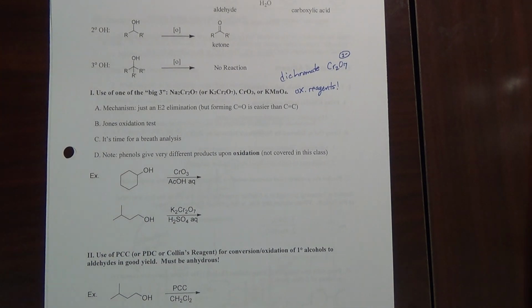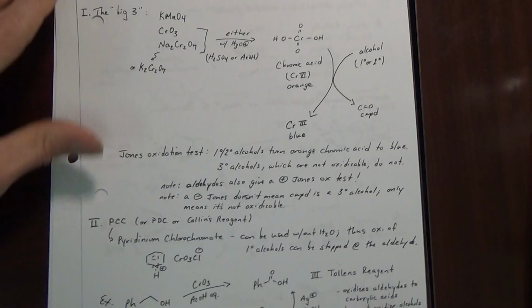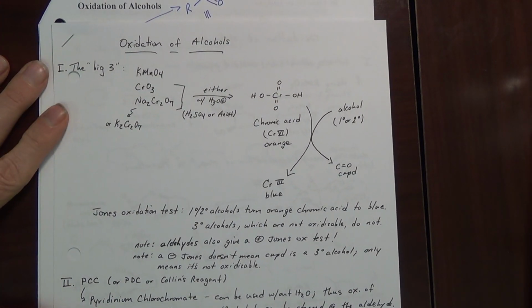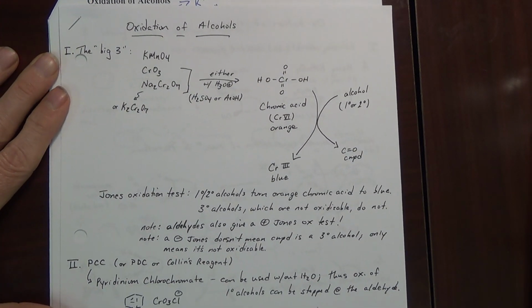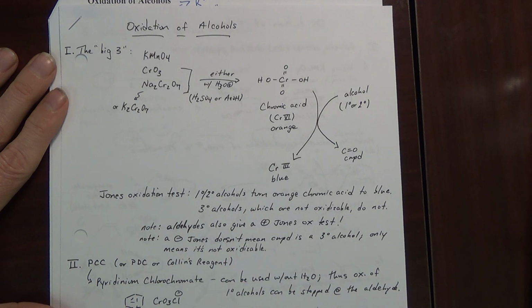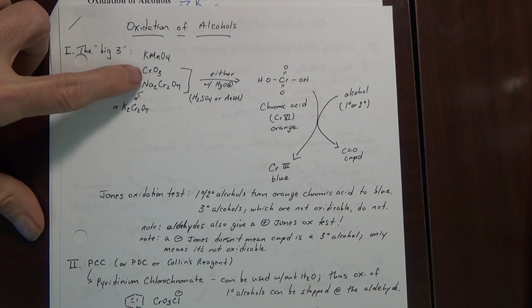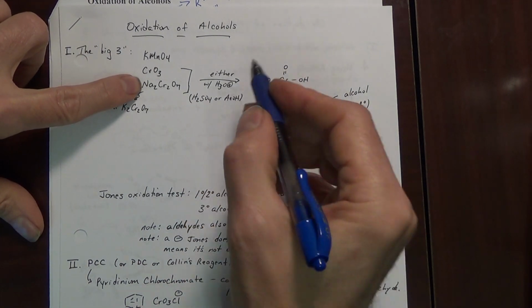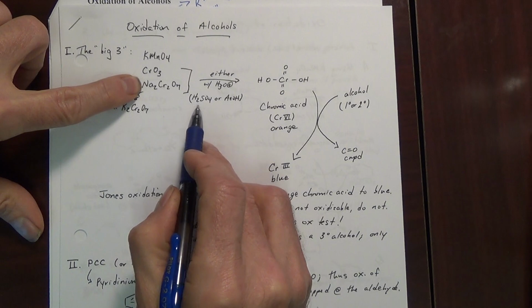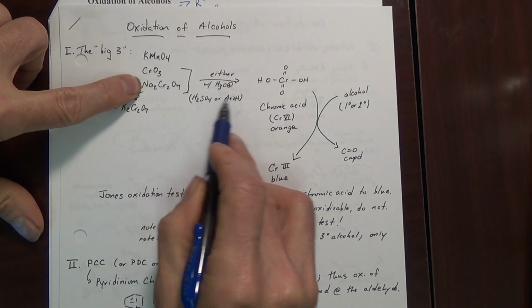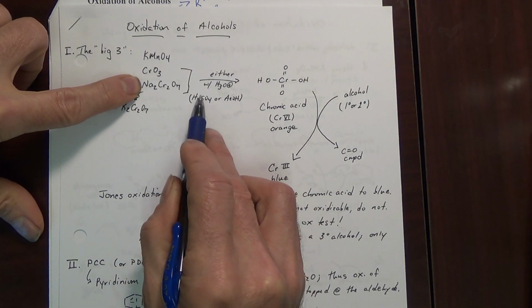Mechanism for the oxidation. Let's look over at the other handout, where we have the big three. Now let's focus on the chromium reagents. Either of those in the presence of aqueous acid, typically either sulfuric or acetic acid. Of course, that's aqueous.